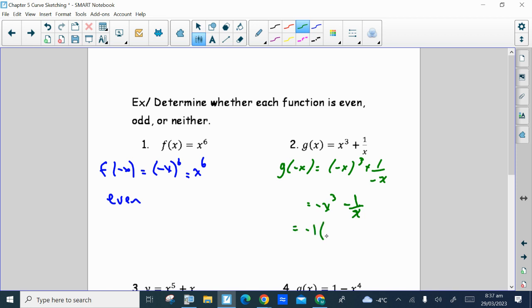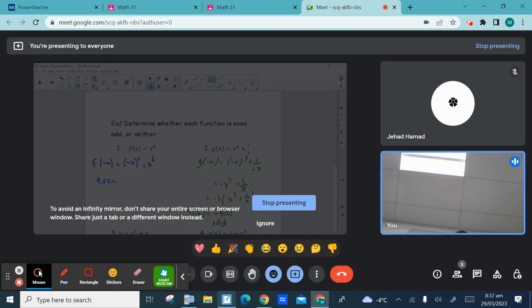But if you take out a common factor of negative 1, you'll get x cubed plus 1 over x, which is the same as g(x). So this shows us that g(-x) is equal to negative g(x). So therefore, this graph would be odd. It would be symmetrical about the origin.